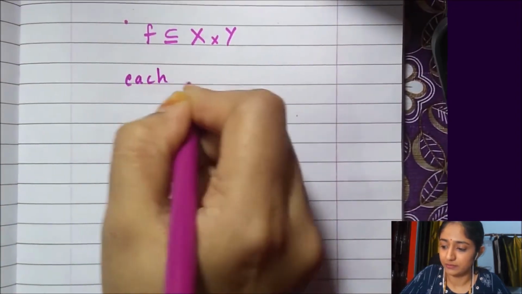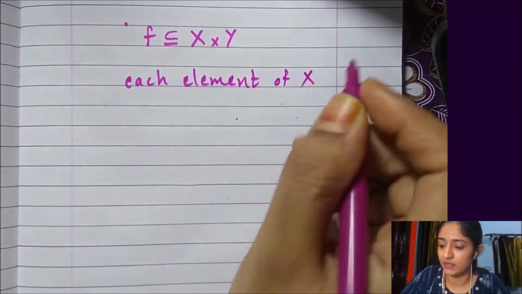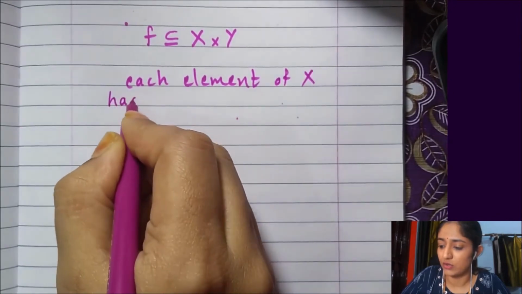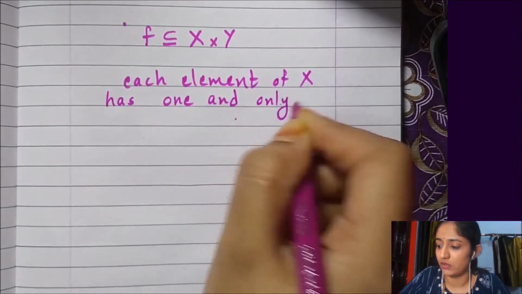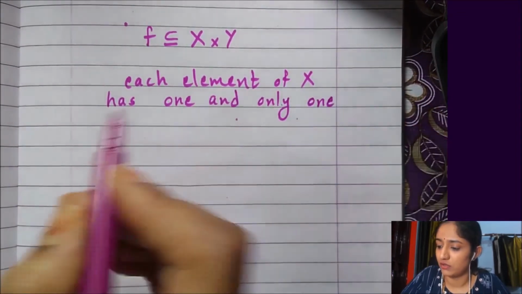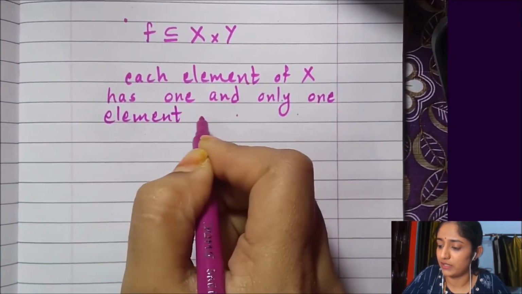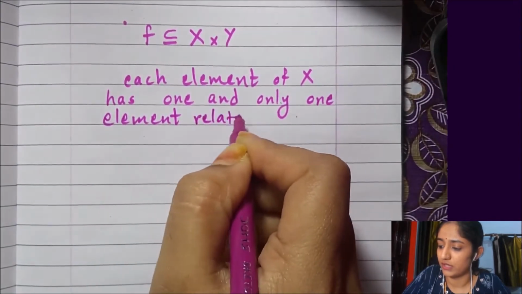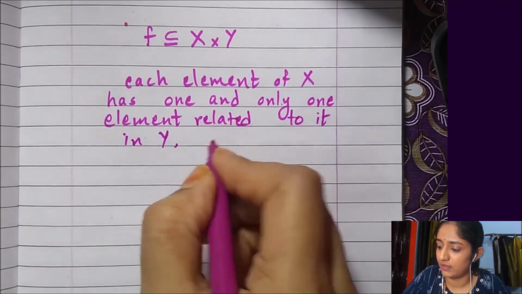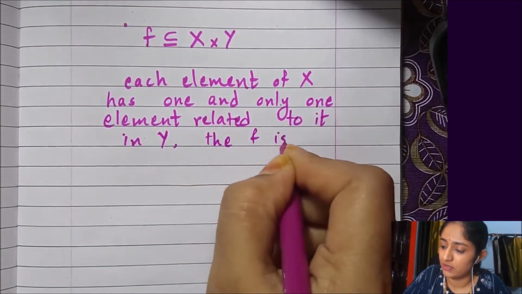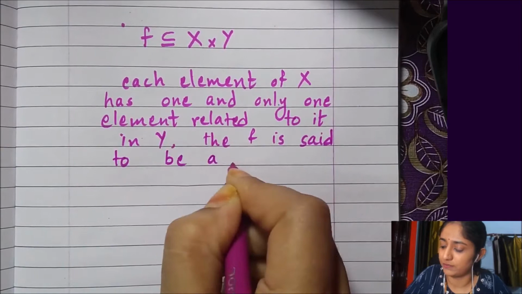each element of x has one and only one element related to it in y, then f is said to be a function.